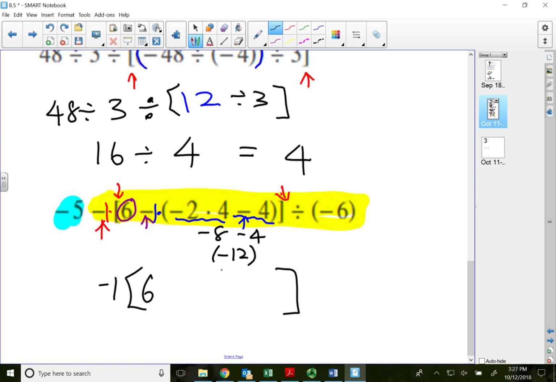But remember, this -12 has a -1 times in front of it. That's why I keep it in the parenthesis. So the -1 times the -12 tells me the whole second term is nothing but positive 12. So all these guys right here are the second term in the brackets.